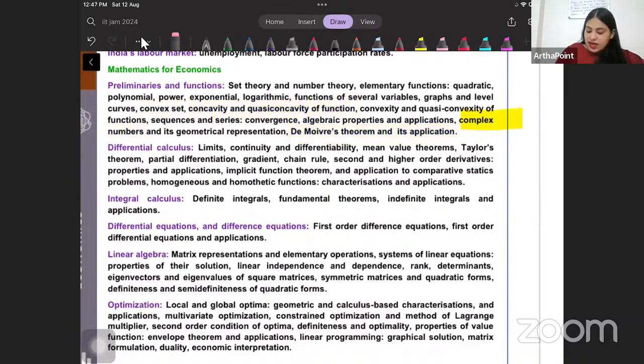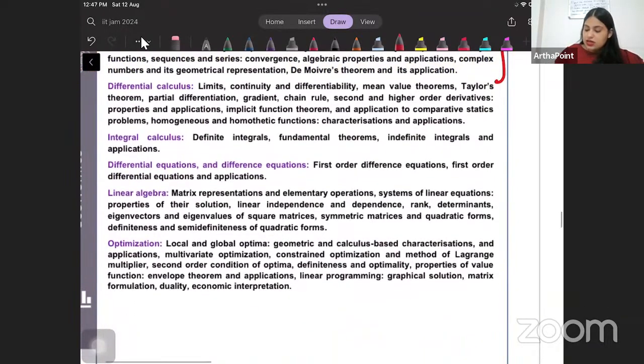Then beta, next thing that I want to first focus on after this part is linear algebra. You have already done this in class. ये पूरा आपका हो चुका है. So matrices, system of linear equation, linear independence, rank, determinants, ये सब बहुत important है.